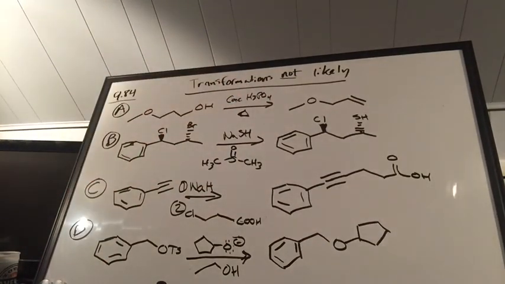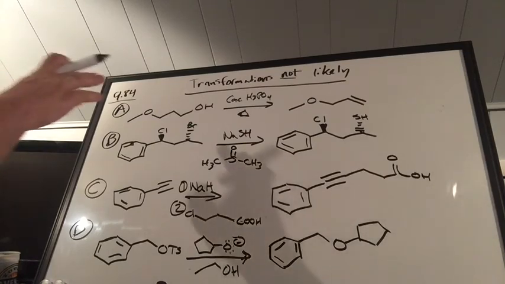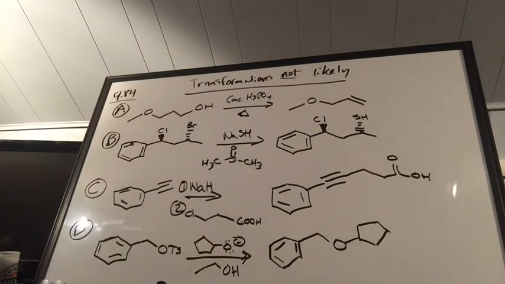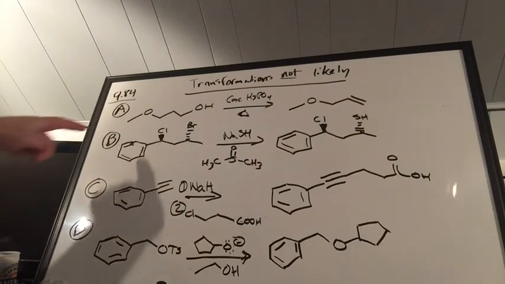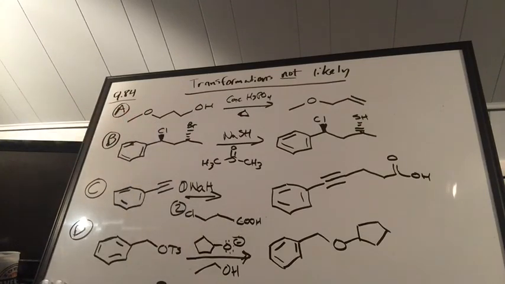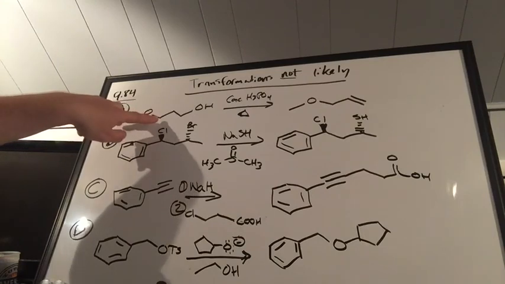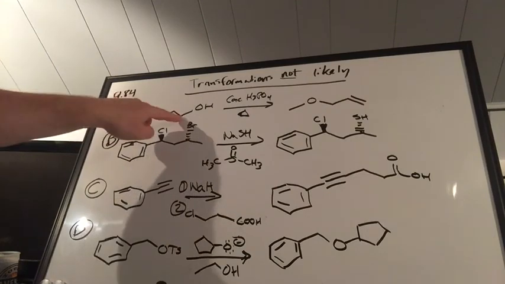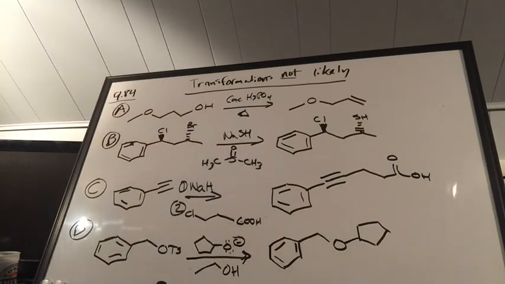So we have a strong concentrated acid. We have a little bit of water in there, so that means we're going to be under protic conditions. Now, which oxygen is going to be protonated preferentially? Well, it's actually going to be this oxygen, right? So you can think of the inductive effect of these two carbons as opposed to this sole carbon stabilizing that resultant positive charge. So you're not going to actually see that particular compound.